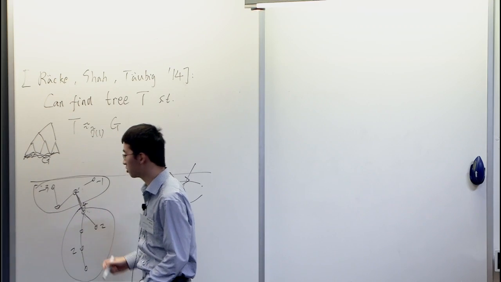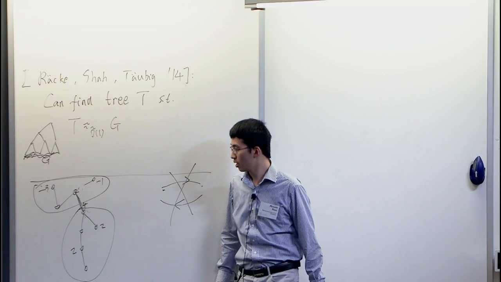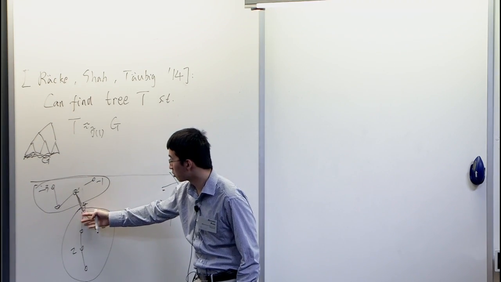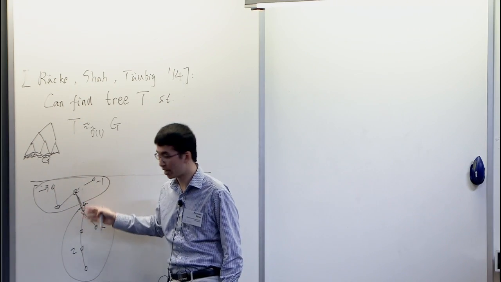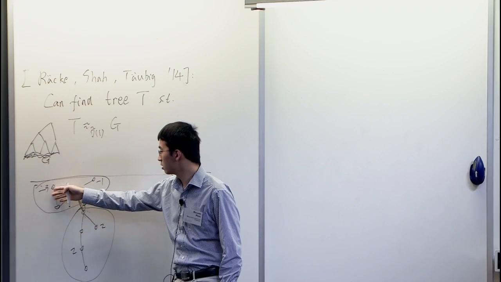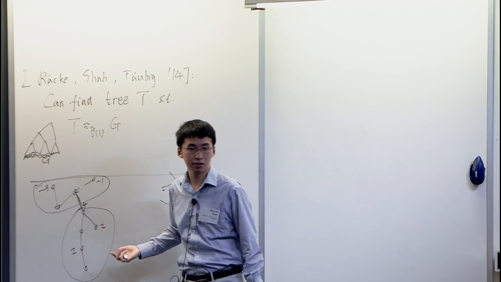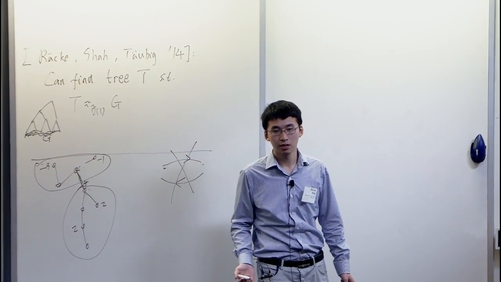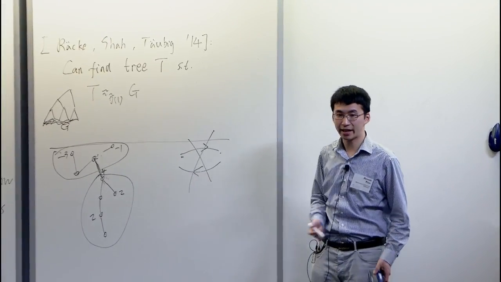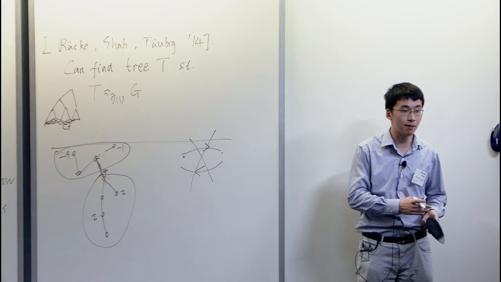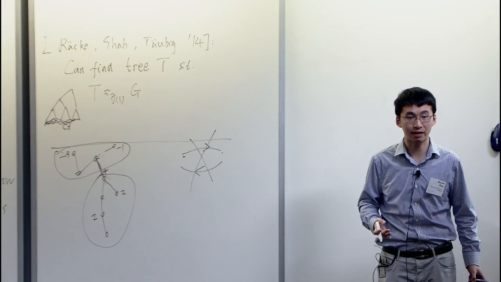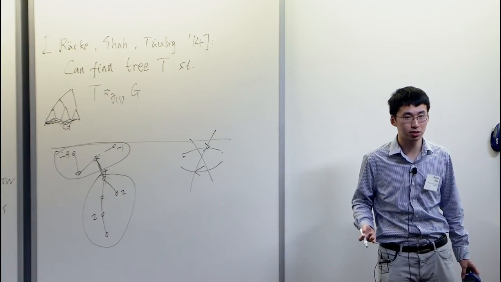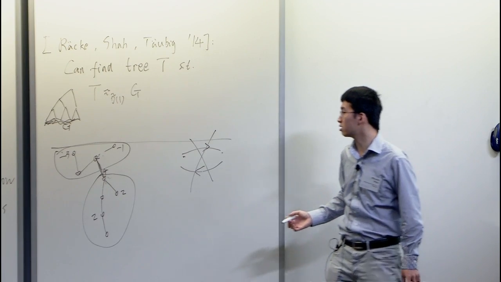So I have 4 units across this edge. And also, for this edge, I can sum the demand on one side: I have -3, -1, 2 here, so that becomes -2. So given such a tree, I can compute the demand across every edge highly efficiently by doing some type of dynamic programming, depth first search, you name it. It takes order n time.